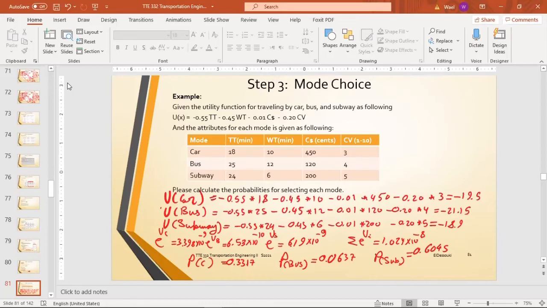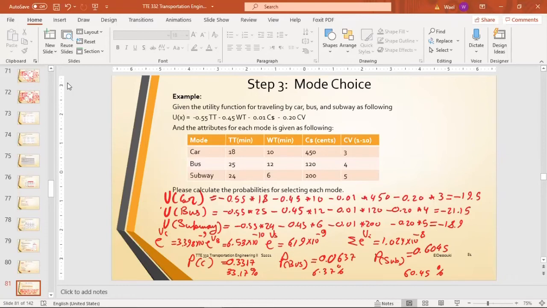What do these values mean? It means that the probability of using a car is 33.17%. Probability of riding a bus will be 6.37%. Probability of using a subway will be 60.45%.